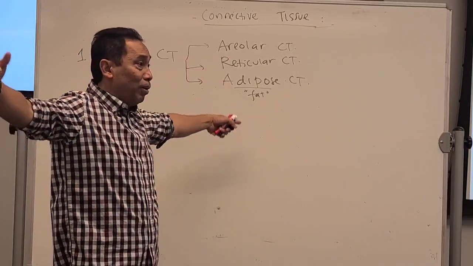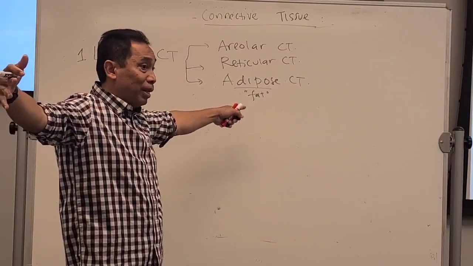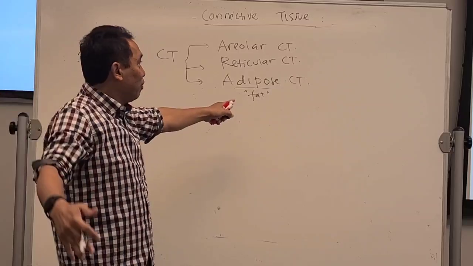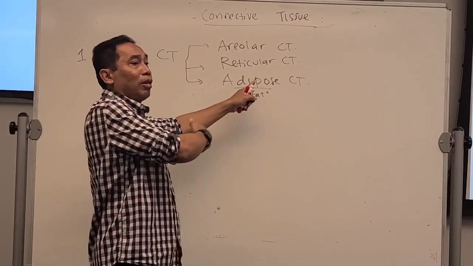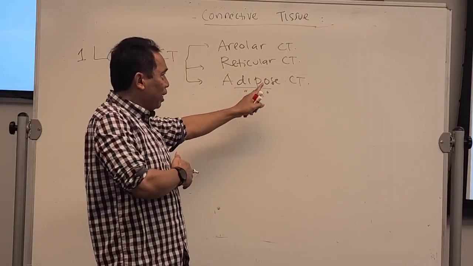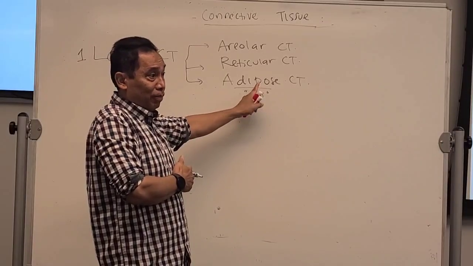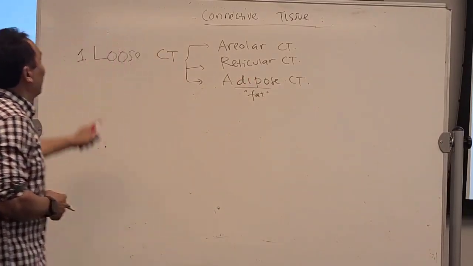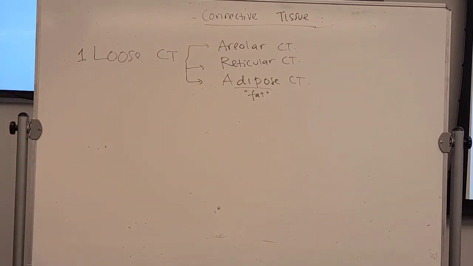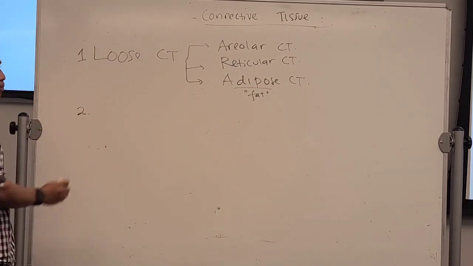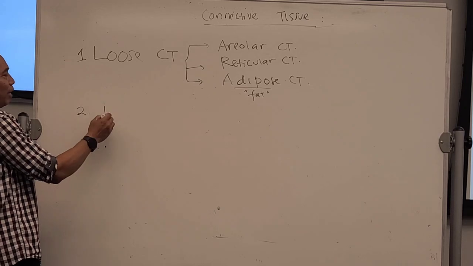Therefore, it actually can be really big. Some people can be really big because the fat tissue has the ability to store a lot of fat. If they have extra energy, all of it will go to the fat tissue. Okay, so that's the loose connective tissue. The second one, if you have loose, then we have dense.